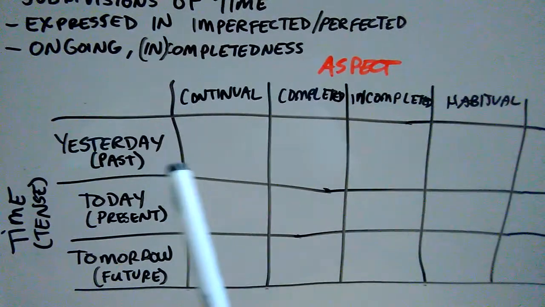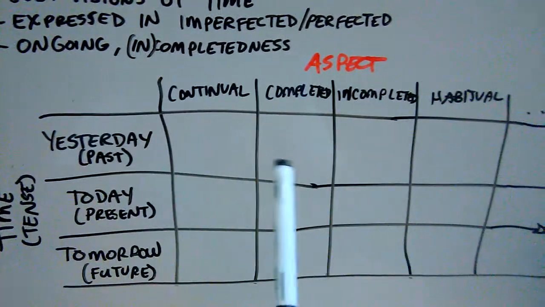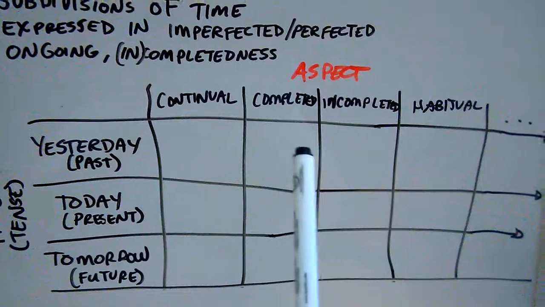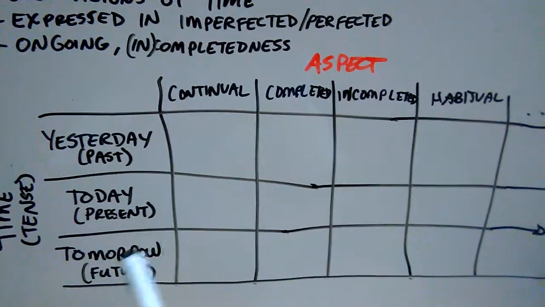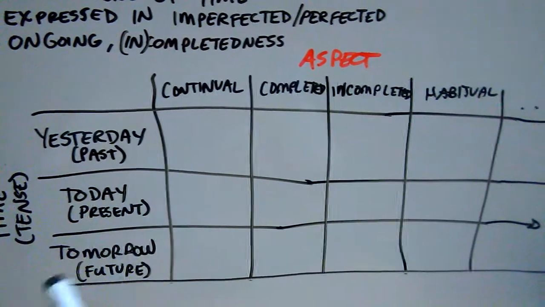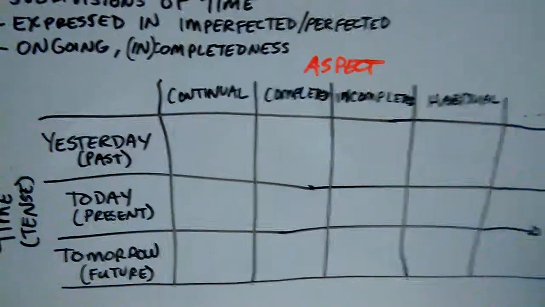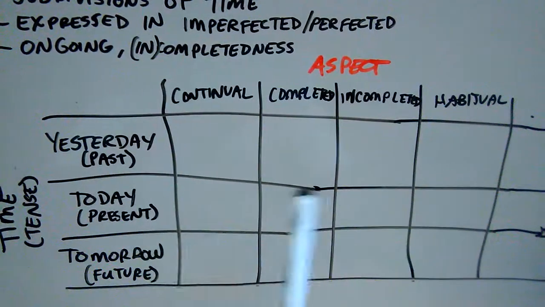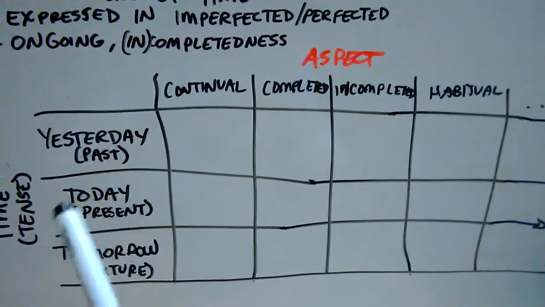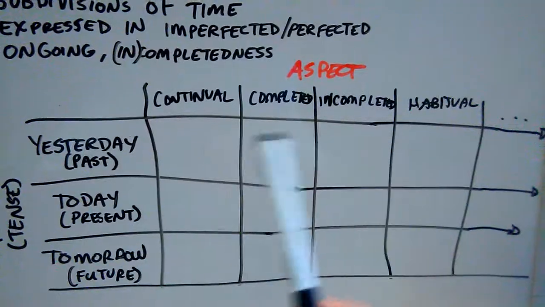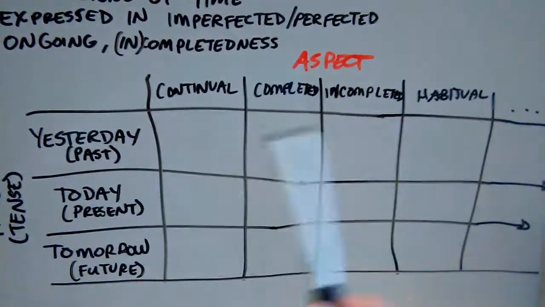So do you see how depending on the timeline where you are, there's an aspect to it. Even though you can express yourself in the past tense as I ate an apple, I had been eating an apple, I was eating an apple, they all represent the past tense. It just depends on the aspect, how long ago in the timeline it was done.